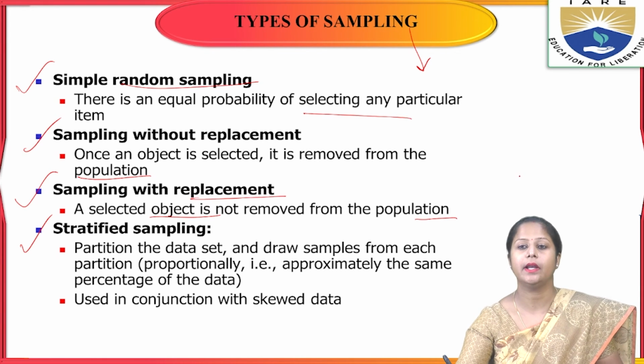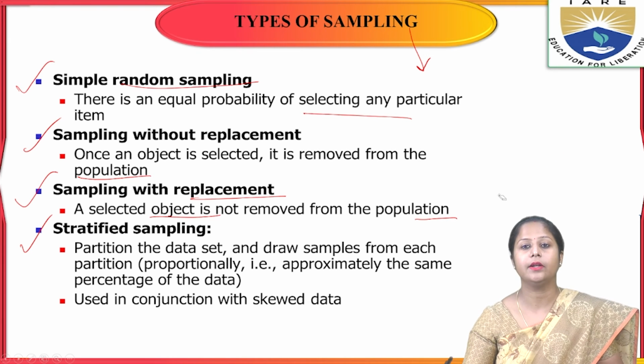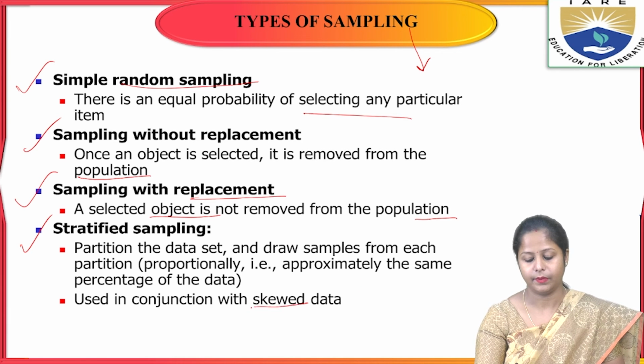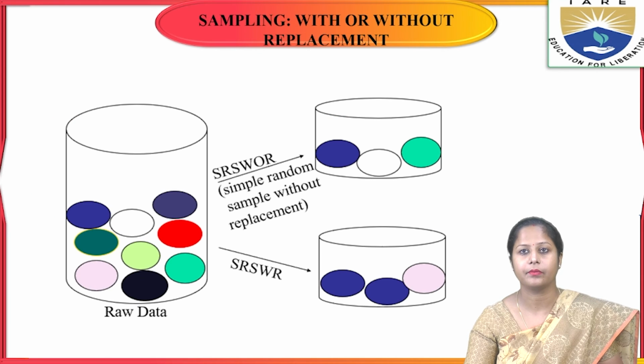It is used in conjunction with skewed data; only then do we use stratified sampling. That was the types of sampling.